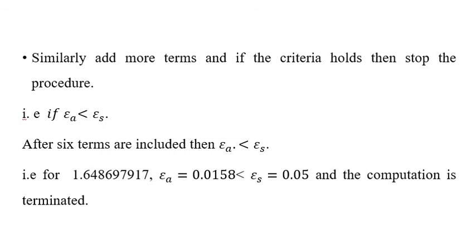That is, for 1.648697917, epsilon a equal to 0.0158, which is less than epsilon s equal to 0.05, and this computation is terminated.